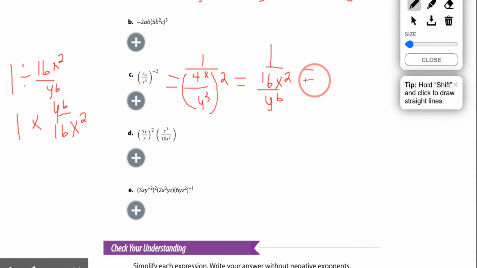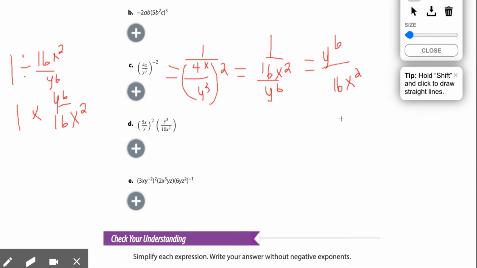So basically, when you have a double fraction, just flip it over again. That's my easy rule to remember. Think of it like getting too top heavy. A boat capsizes when there's too much weight on one side, on the top. So y to the 6th over 16x squared.